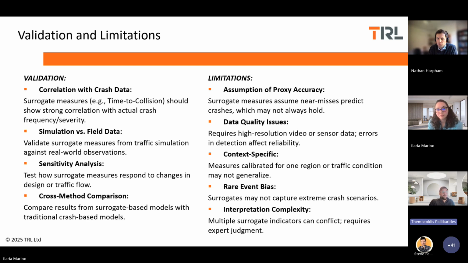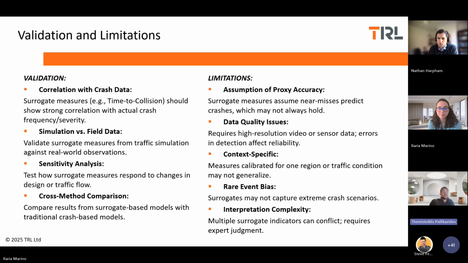We also have to be aware of its limitations, as we have the assumption of proxy accuracy, where surrogate measures assume near misses predict crashes, which may not always hold. Data quality issues also require high-resolution video or sensor data, where errors in detection can affect reliability.